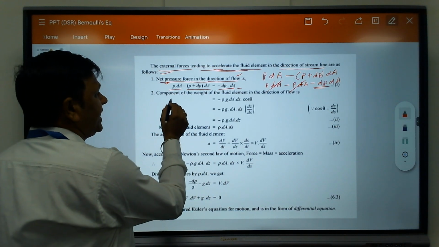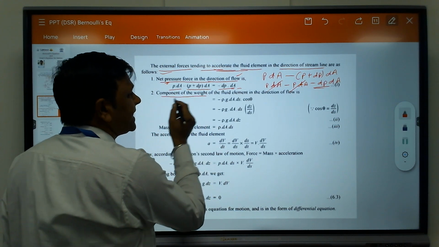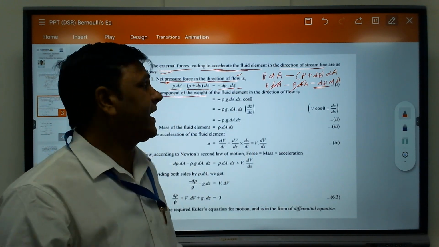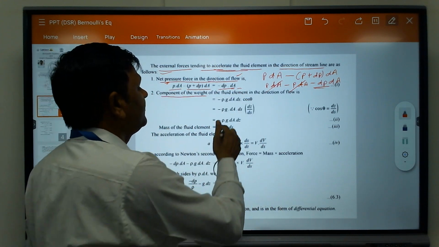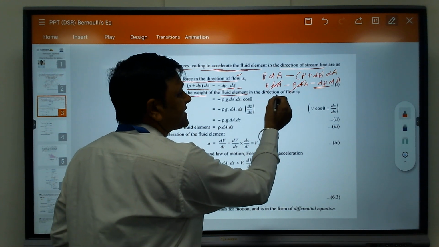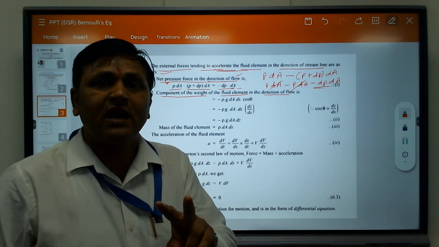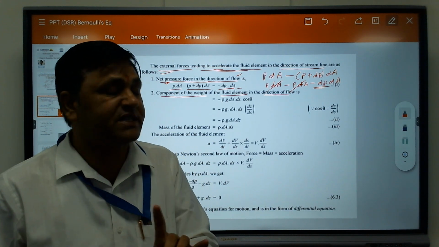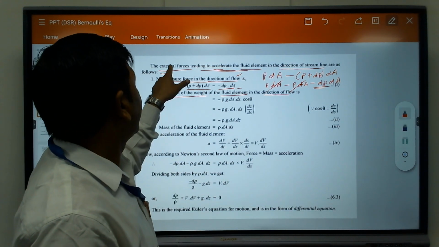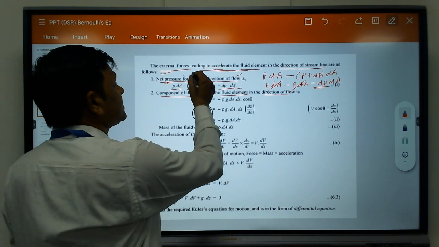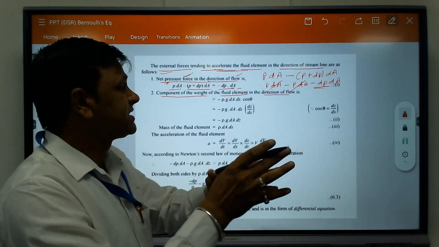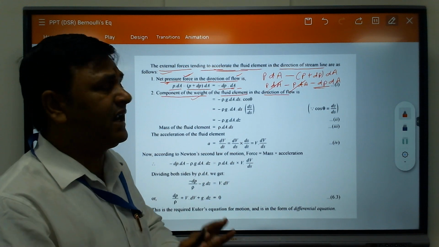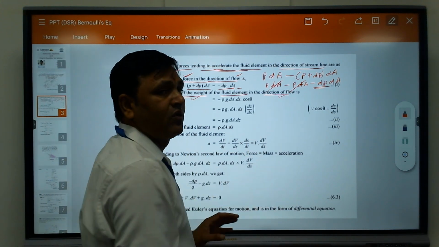Now the second force is the weight component of the fluid element in the direction of flow. There are only two forces acting on the fluid element. First is the net pressure force along the direction of flow. Second is the self weight of the fluid element in the direction of flow.